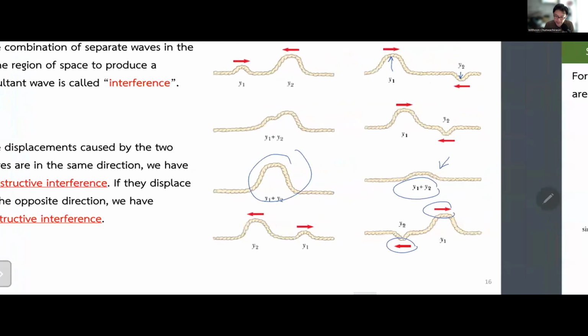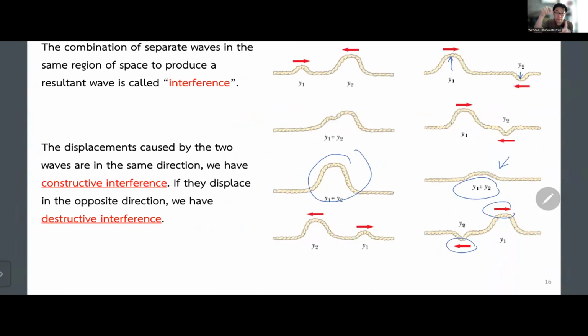But on the other hand, if the displacements of those two waves are pointing in opposite directions, you do the addition just like before, y1 plus y2, but the combination gives you a smaller wave at the end. So you can say that this is a destructive combination. This meeting of more than one wave, we call interference of waves.